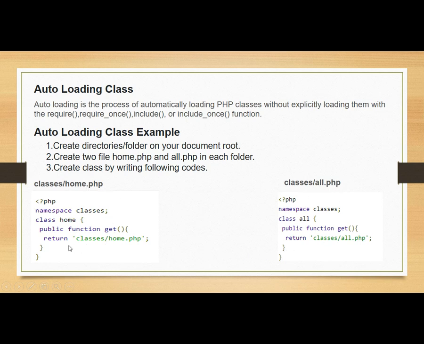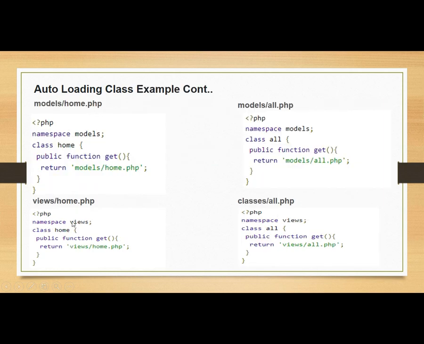Now what does this line of code say? It's simply the creation of one class called home class and another class called all class. So in all.php a class called all is created, and in home.php the class is called home.